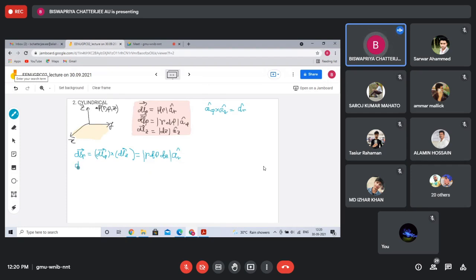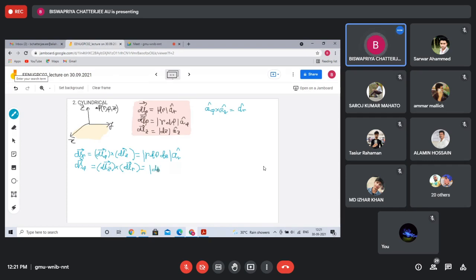Similarly, we have ds phi, the differential surface element along the phi direction. Again it is dl z cross dl r.